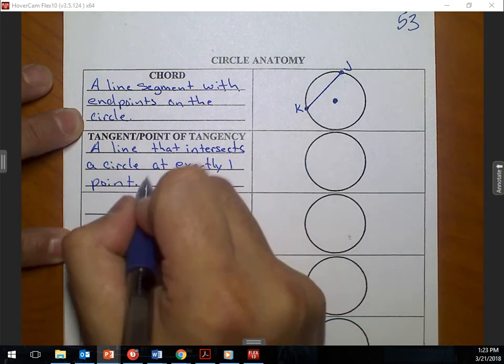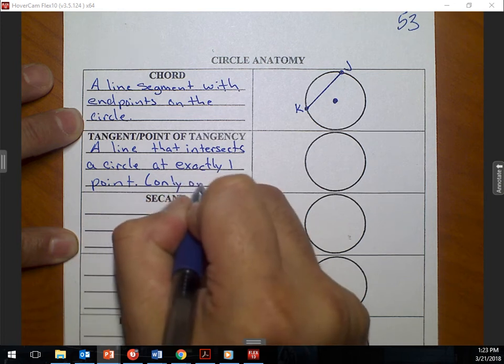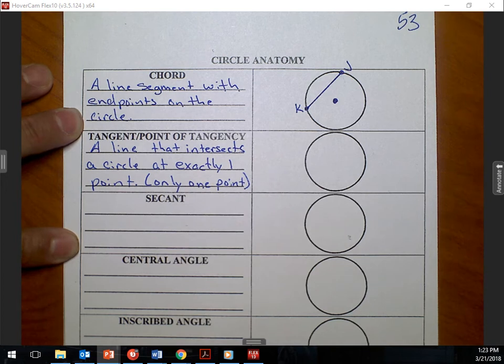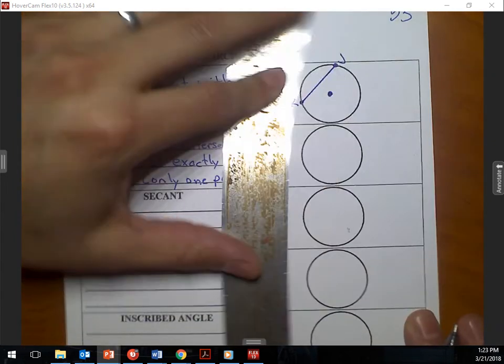That means only one point. Okay, only one point. So now I'm going to draw my line.